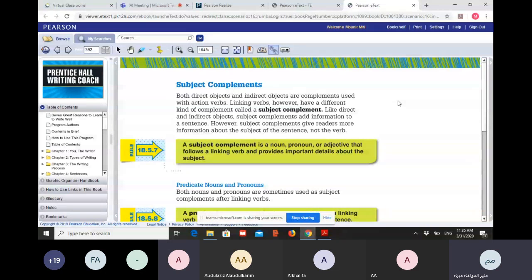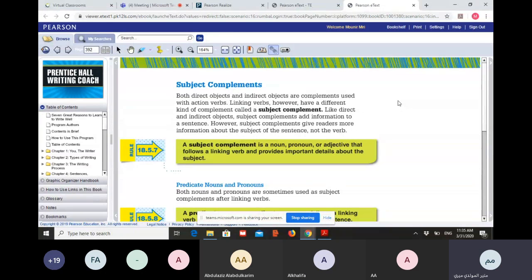If the word that comes after the linking verb is a noun, it does not describe, however, it identifies the subject. If I say, for example, she is a teacher, teacher is a noun. So teacher identifies the subject, which is she. Is it clear?